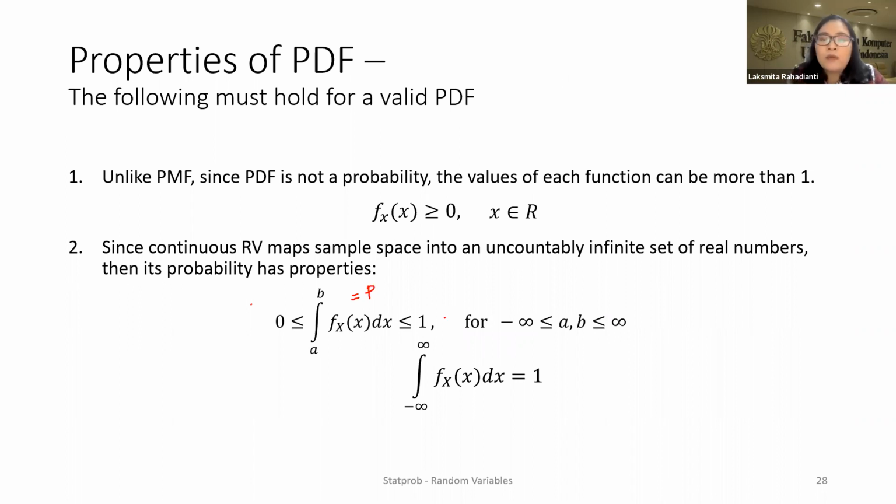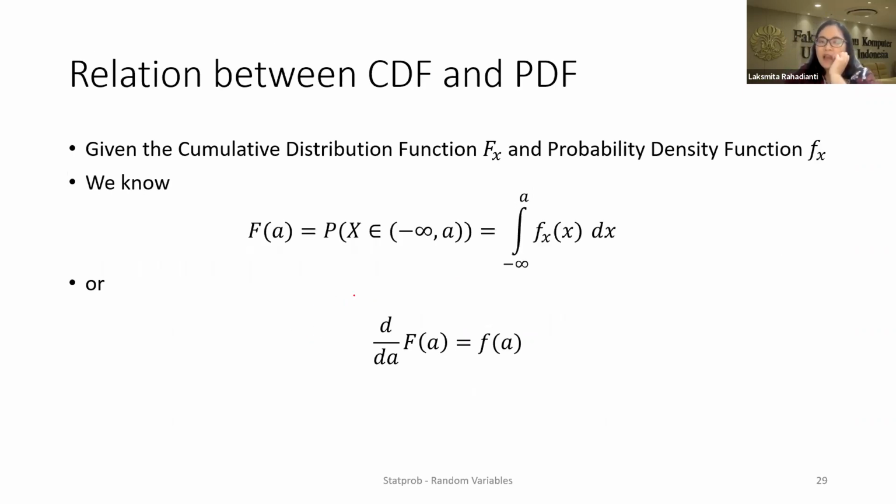Due to time, I'm going to skip over some questions that prove the properties of the PDF. We'll do that in our class on Thursday. However, remember that the probability is an integral, right? So based on that, we have a relationship between the CDF and the PDF as well.